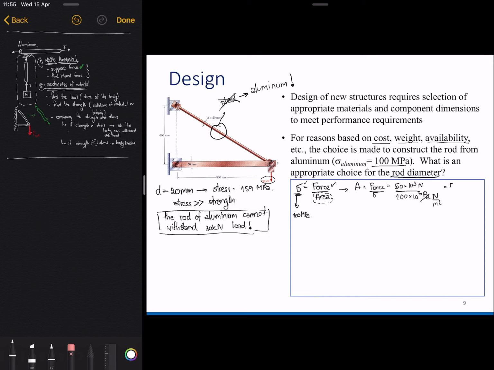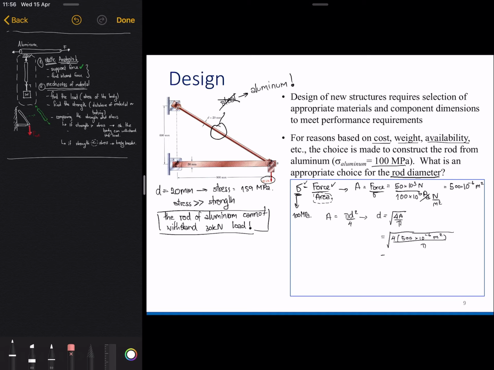In the end we have 500 times 10 to the power of minus 6 meters squared. Then the area is equal to pi d squared over 4, so d is equal to the square root of 4 times area over pi.